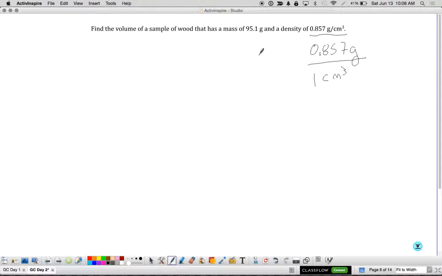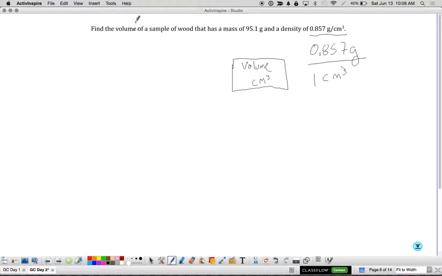There's our conversion factor. We can use density because density converts between mass and volume. In this case, I'm trying to find volume. If I plan this out, and you'll see me do this a lot, what I'm trying to find is the volume, and I'm going to look for this in centimeters cubed.